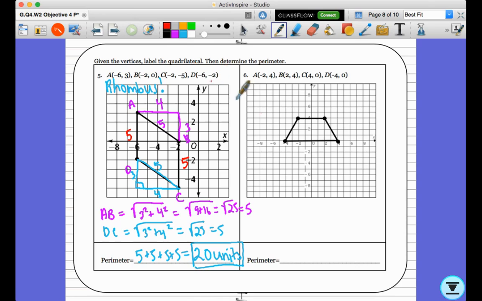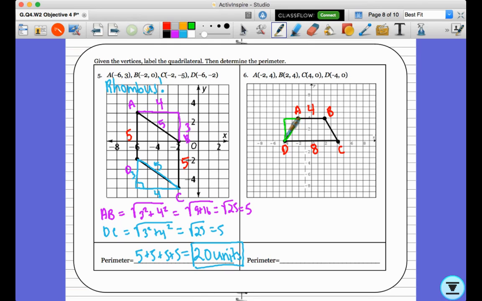What about over here? So I know 1, 2, 3, 4. And I know 1, 2, 3, 4, 5, 6, 7, 8. I don't know those two, but I forgot to label them again. 2, 4 is B. 4, 0 is C. Negative 4, 0 is D. And negative 2, 4 is A. So I'm going to find the length of AD first.